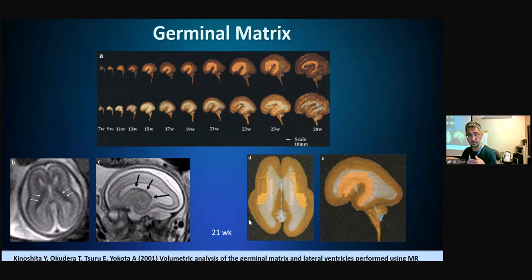This is around 21 weeks. We can see them along the lateral ventricle here, at 21. We can see them until 32 weeks. On the MRI, if you do a fetal MRI, you can see the germinal matrix like a hypoechoic structure. So hemorrhage will be occurring from this structure.